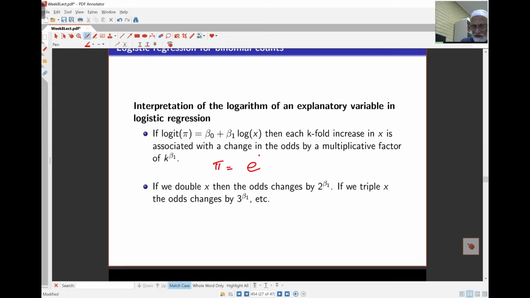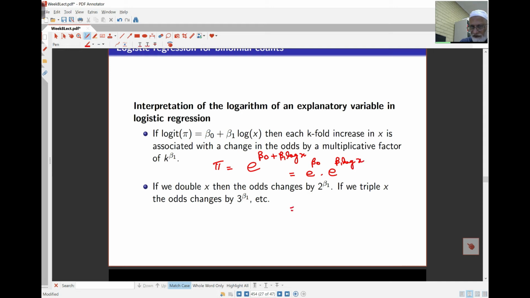is e to the beta naught plus beta 1 log x. That becomes e to the beta naught times e to the beta 1 log x.